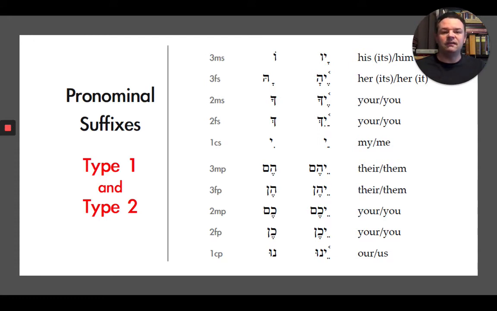Now look at the end of these. The type 2 suffixes have a very similar look to them. The main difference you can recognize is the yod there. Most commonly, if you want to say a word that's plural and you want to affix the suffix, this is how it's going to appear.